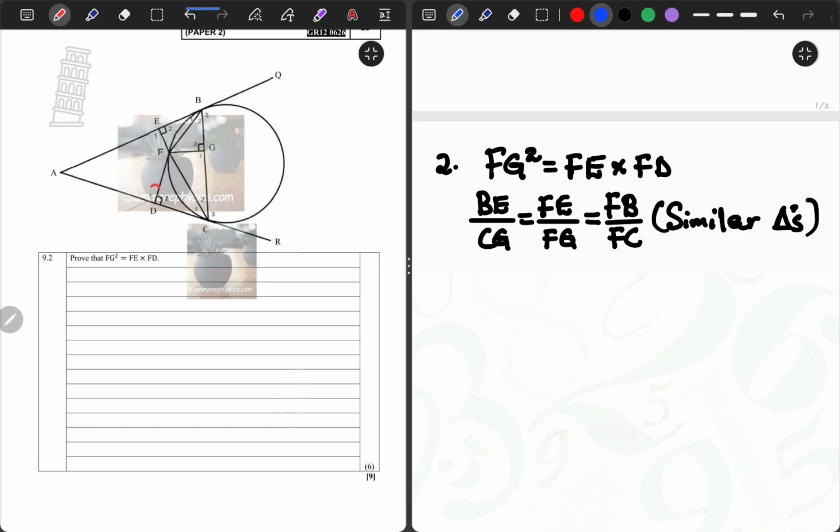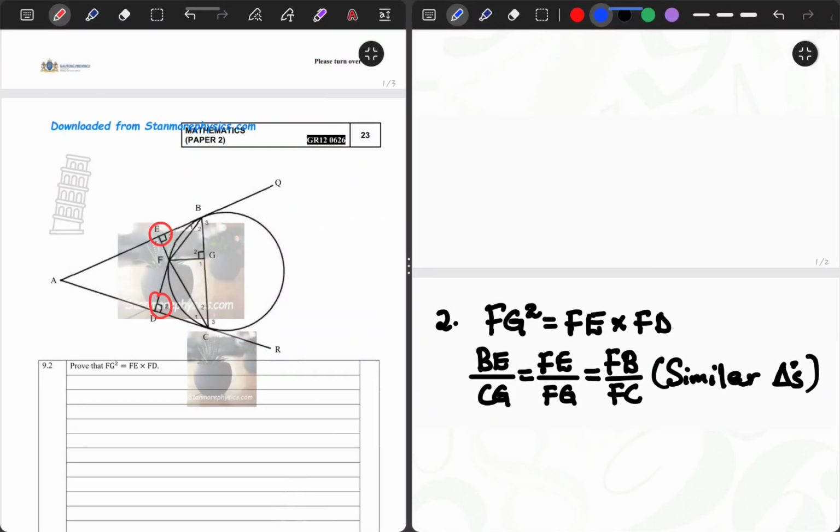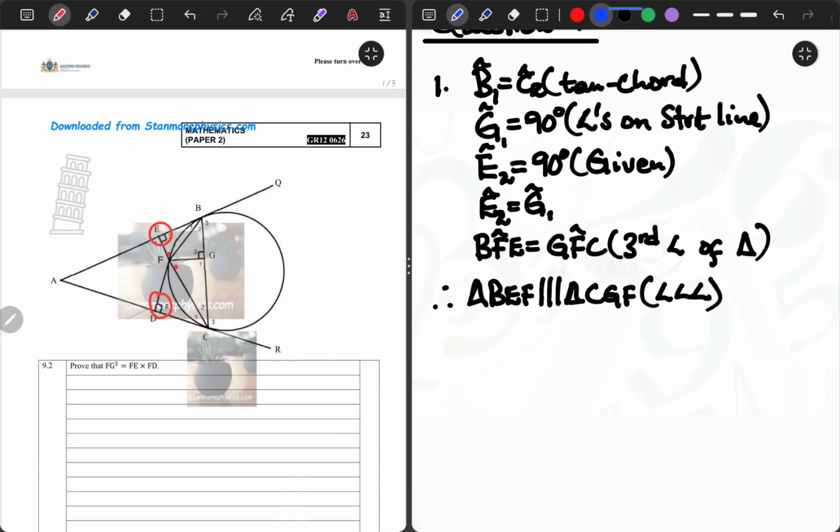I understand this D2 will be equals to E2. That's what I understand there. And we've just proven, what have we proven? Oh, I've just proven that this equals to that. Let me check. BFE and GFC.